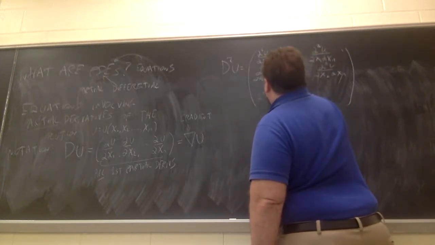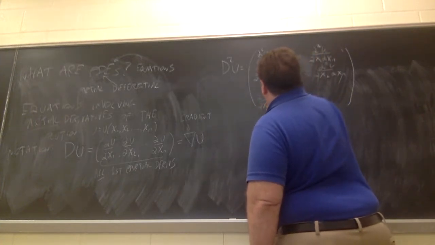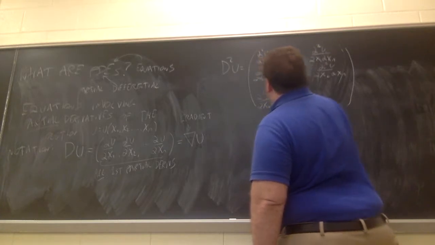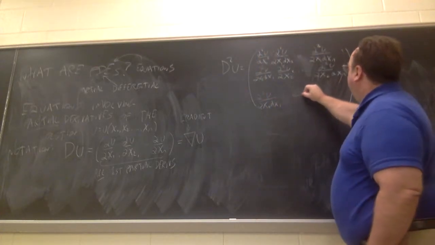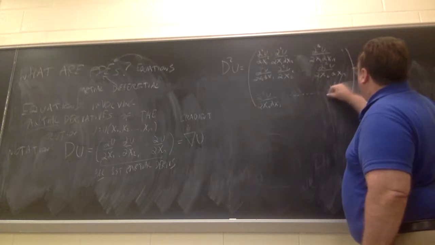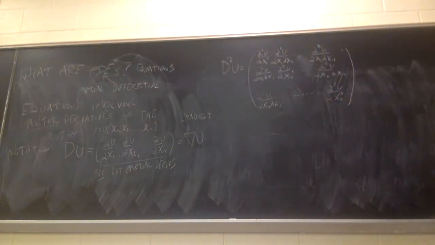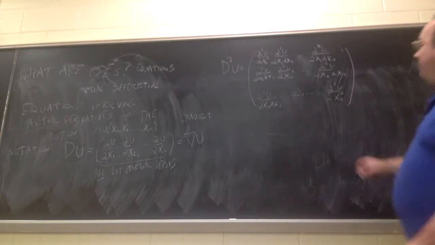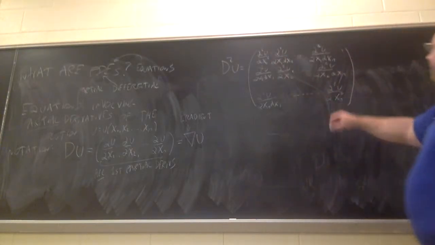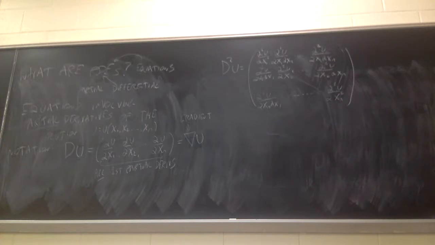So we end up filling an n by n matrix of all possible second partial derivatives. Now, the ones down the diagonal are second partial derivatives with respect to the same variable twice. All others are mixed. They're actually called mixed second partial derivatives.